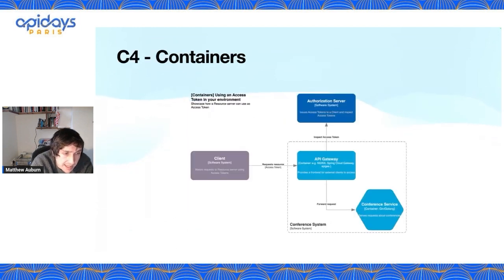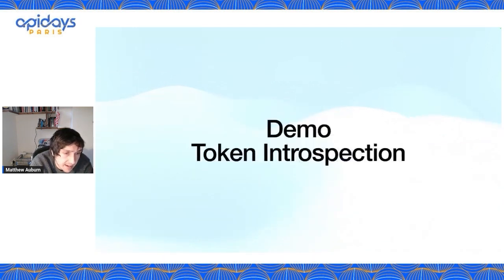You can see that here. If you had an API gateway and you were going to look up your access token, this is where it would be done. Your API gateway would make a call to your authorization server to inspect the token and get that back. And we're going to be able to see that here in our demo.